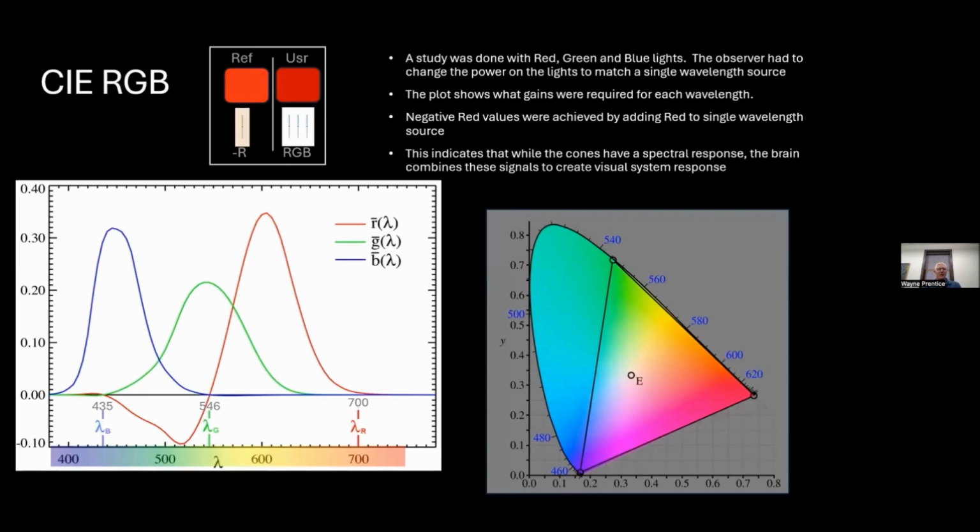So back in the 1930s, they said, we need to take, I'm sorry, I'm not there yet. Sorry, I'm going to slide off. They did an experiment where they gave somebody a monochromatic light source in blue, a monochromatic light source in green, and a monochromatic light source in red.